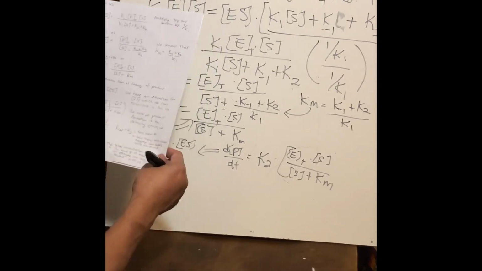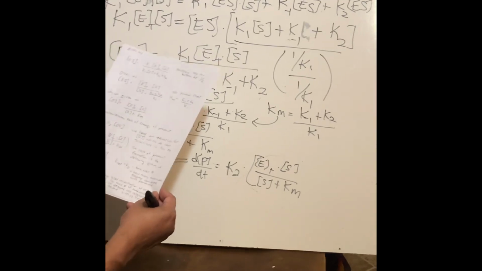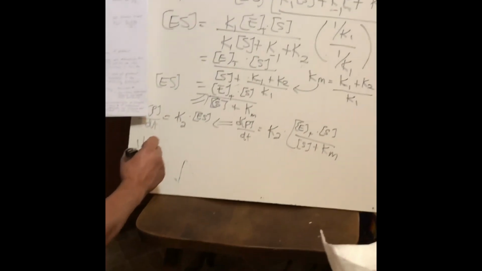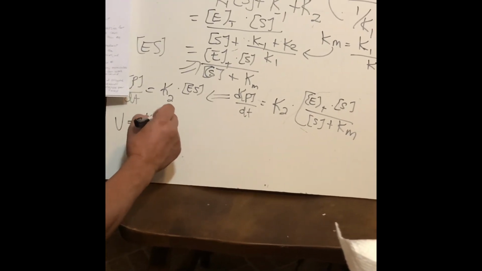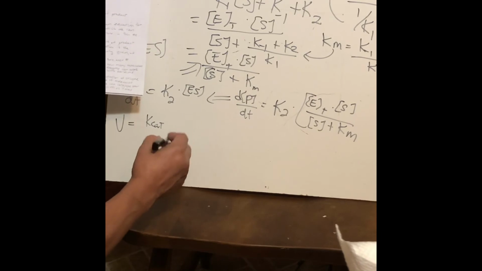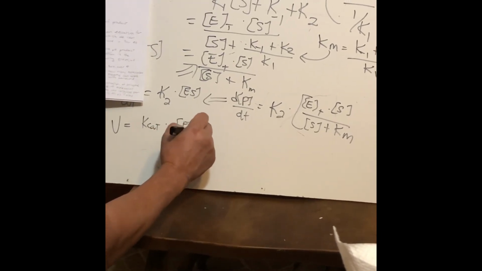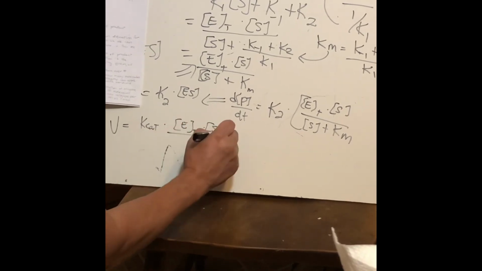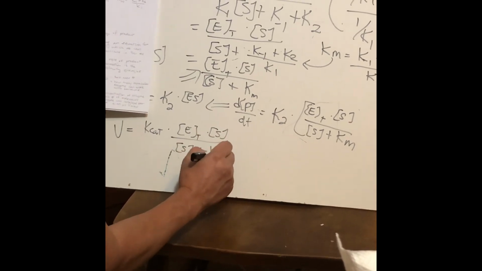The rate of the product formation is the velocity, giving us that V equals Kcat, which is another name for K2, times the total concentration of the enzyme times the substrate concentration, all over the substrate concentration plus the Michaelis constant.